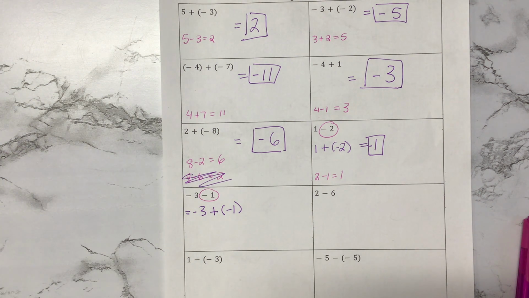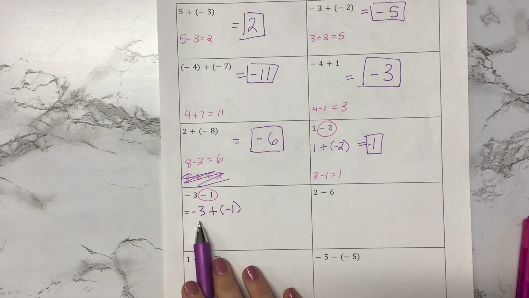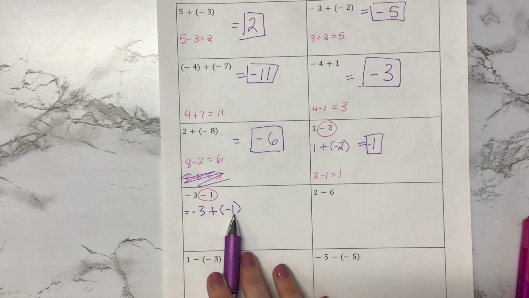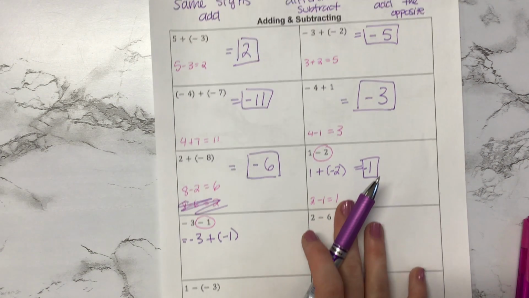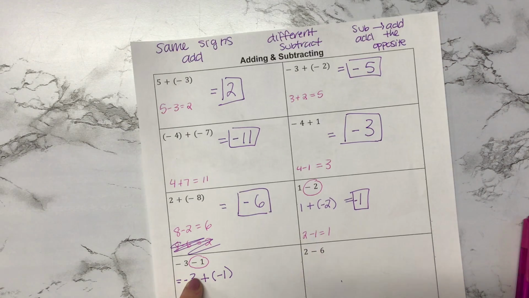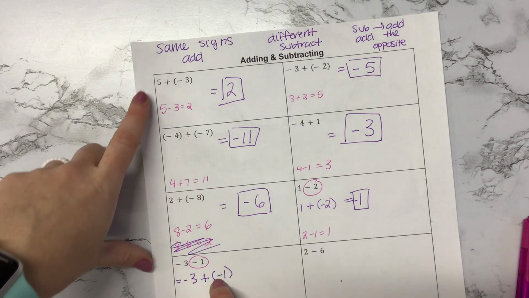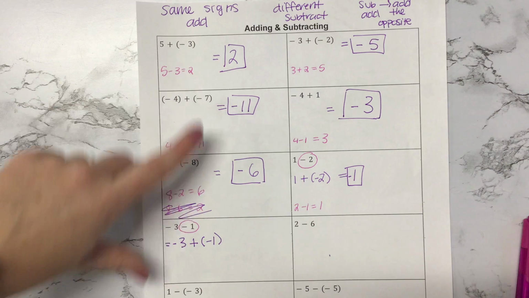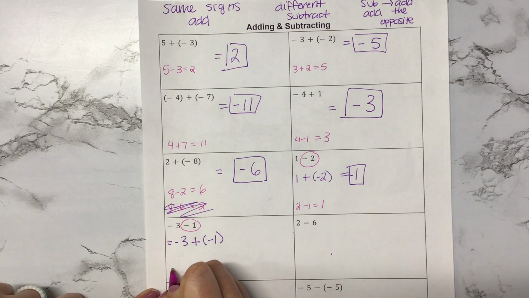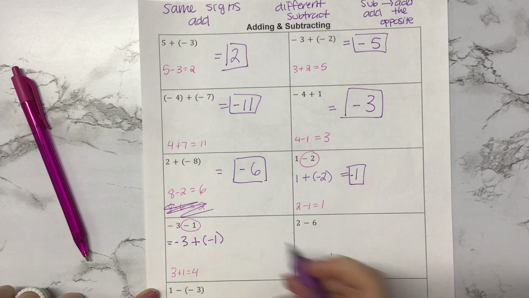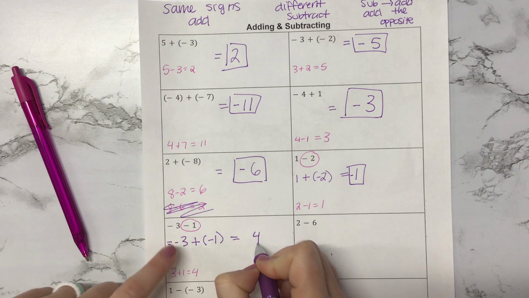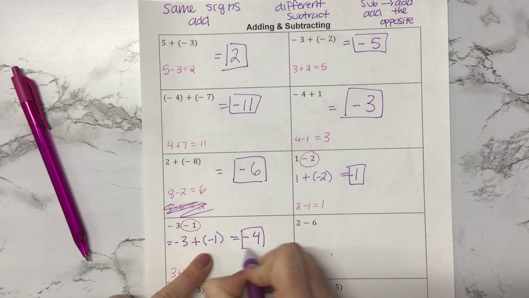So I've rewritten it, and it's now -3 plus -1. So I go back to my addition rules. They're both negative, so they're the same sign, which means I'm going to add them together. 3 plus 1 is 4. And they're both negative, so my answer is going to stay negative.